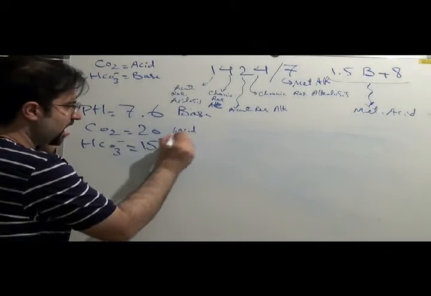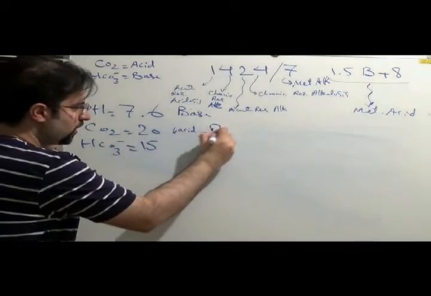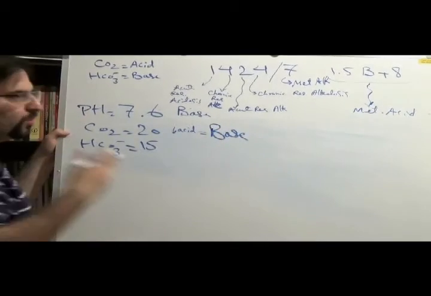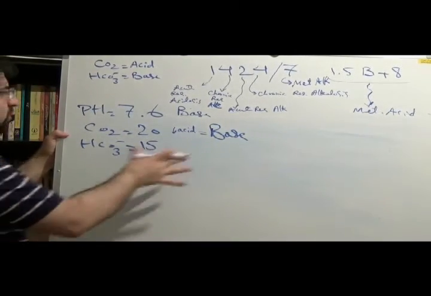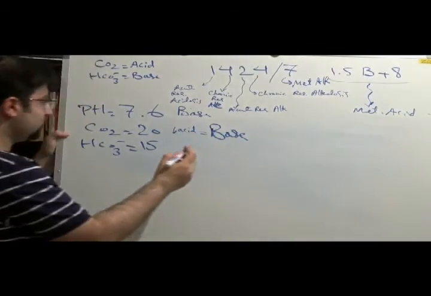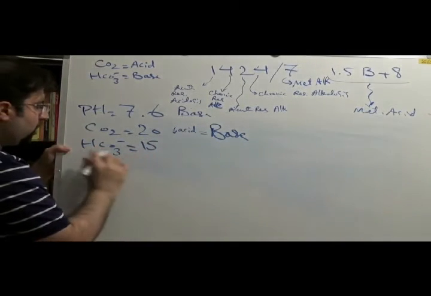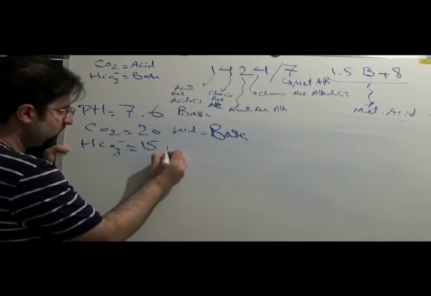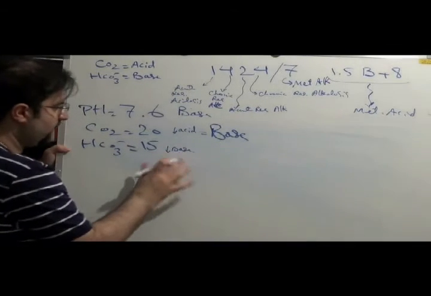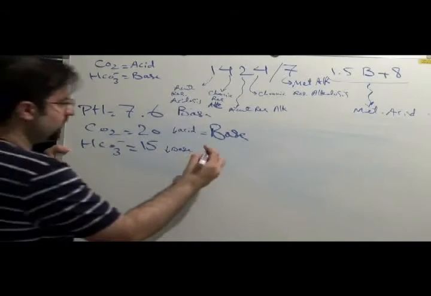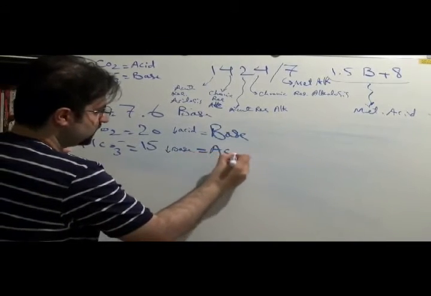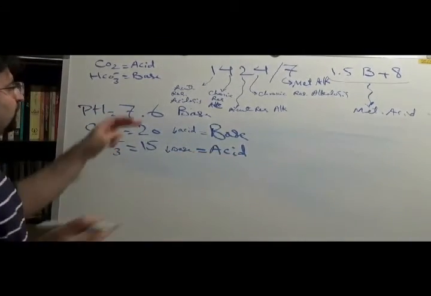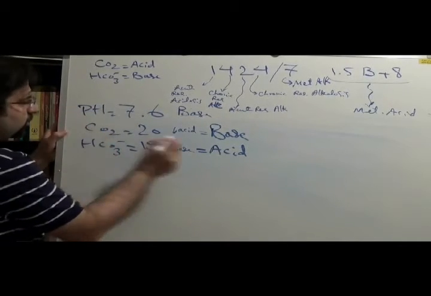So decreasing acid is equal to base. Okay, we lost some acid, so it is base, it is alkalosis. Here we lost some base, so it is acid.